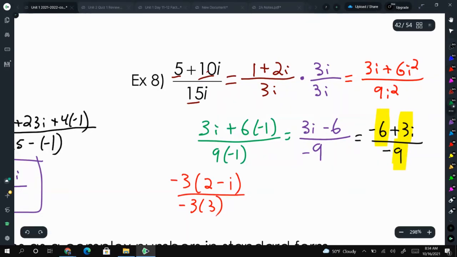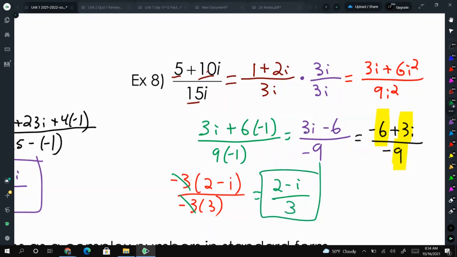This just makes things look a little bit cleaner. These cancel, and we are left with 2 minus 1i over 3 as your final answer. So this is a good problem to see that you need to simplify your fractions if you need to.